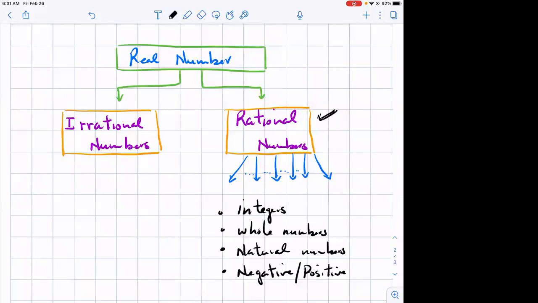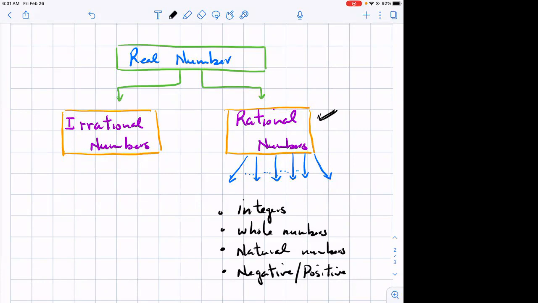So if someone asks you, well, what is pi? And you're stumped and you don't know what to say, at least you should say it is a real number, because real number is the heading of any number out there.